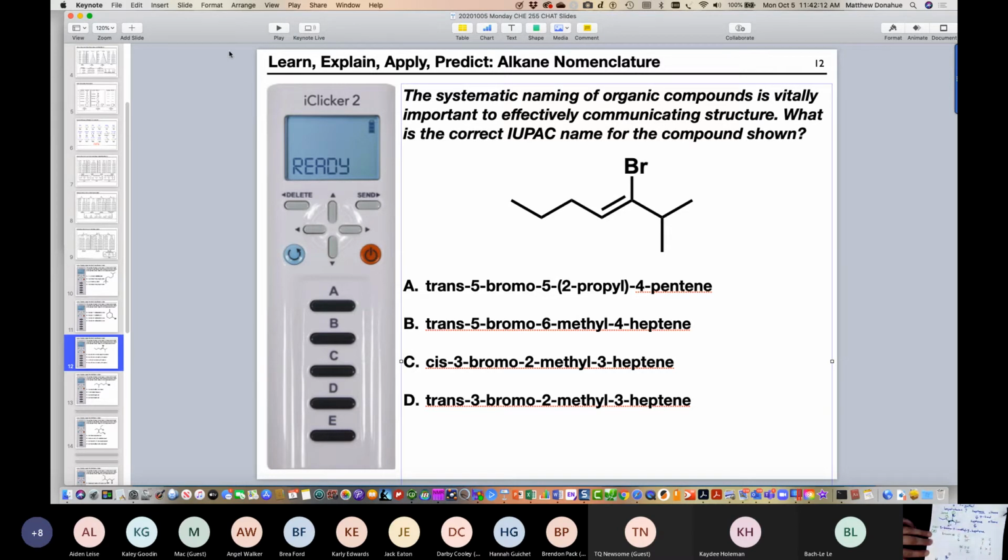The one is still there. Now the one is on the opposite side. See how the one groups are now on the opposite faces of that alkene? So we would name this compound as trans-3-bromo-2-methyl-3-heptene.